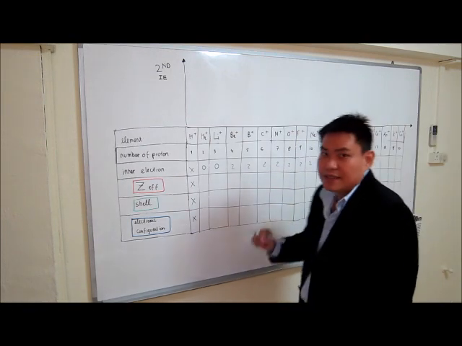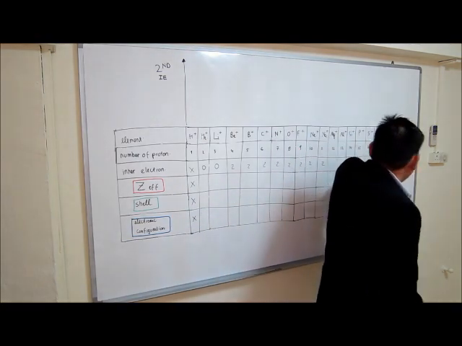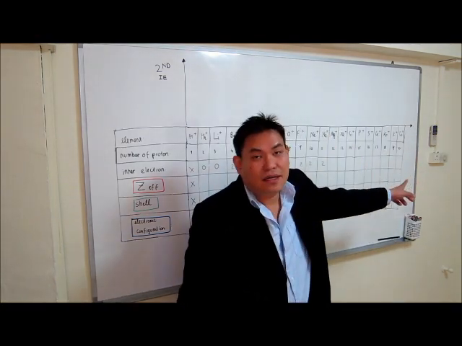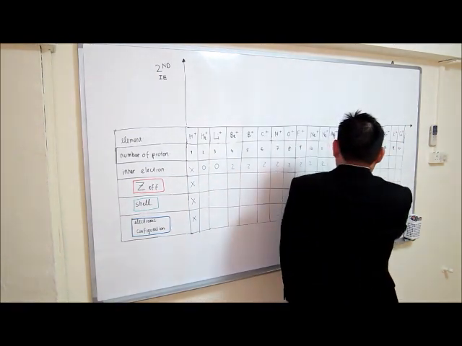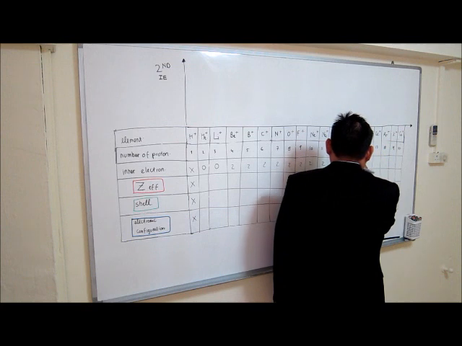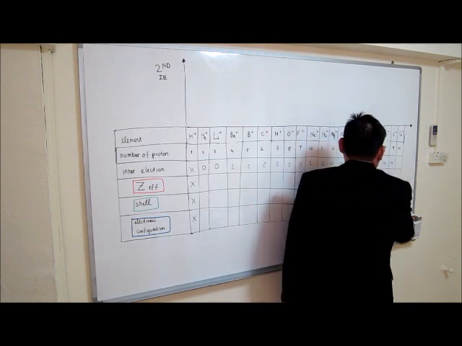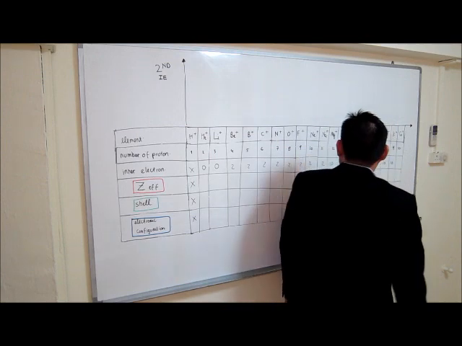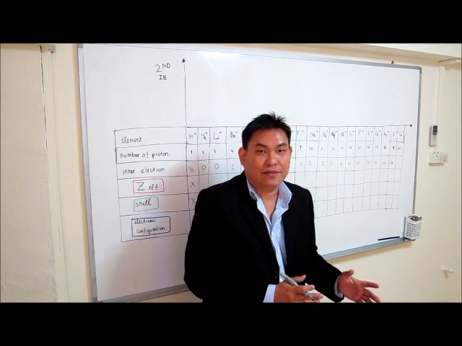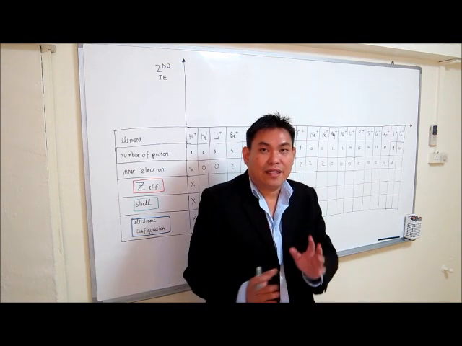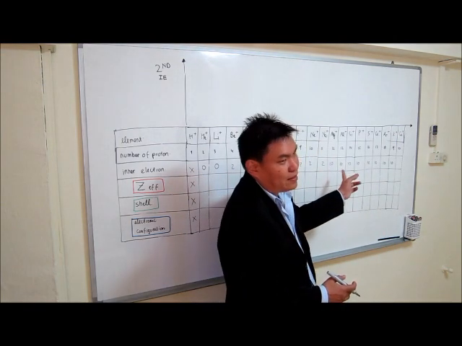From Mg+ all the way until K+, they will have 10 inner electrons. In the case of Mg+, it has 11 electrons: 10 on the first and second shells, and 1 on the third shell.